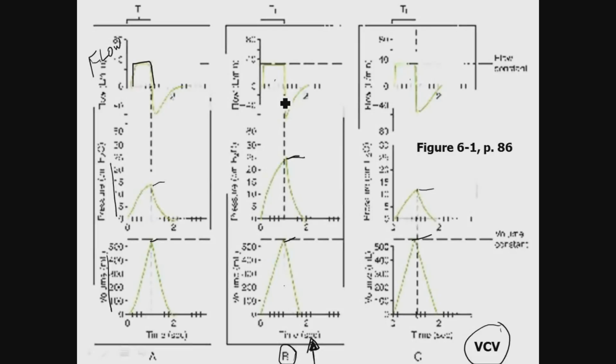Same thing would happen if I had a fall in compliance. Something that made the lungs stiffer would require more pressure to push the same amount of volume in. It seems like I'm repeating myself, and I am.